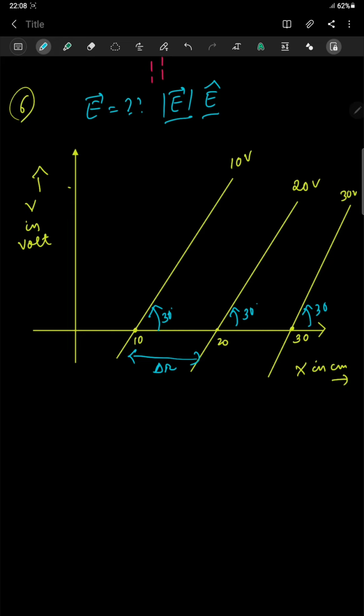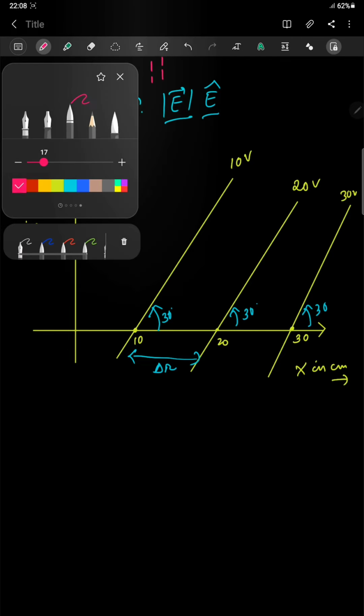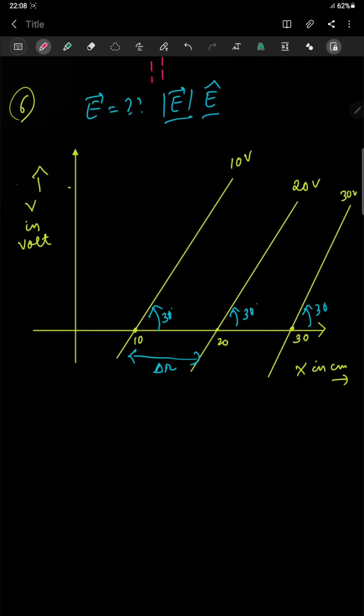Now how are these electric field lines with respect to the equipotential surface? We have read the second property, it is perpendicular, it is normal to the equipotential surface. So if I draw a line like this, this is your electric field, which is normal to your equipotential surface here as well as here. Okay.